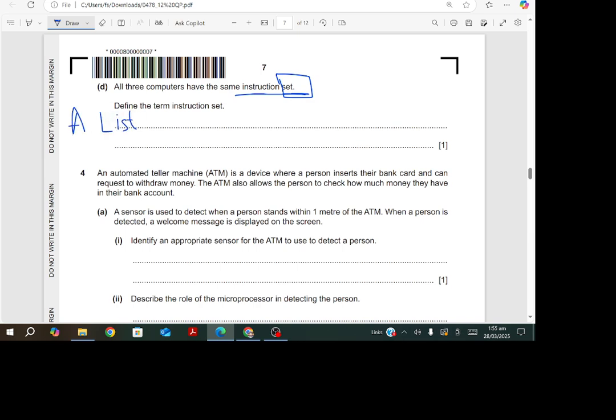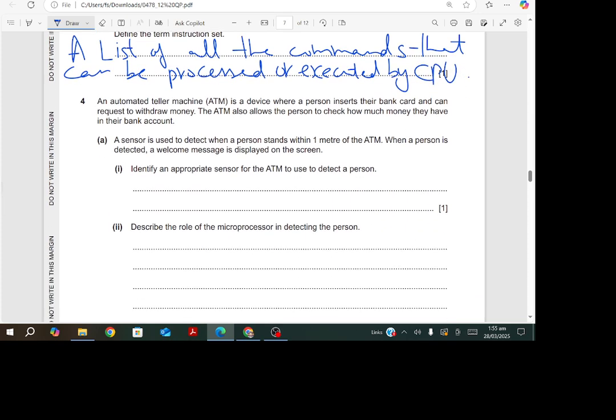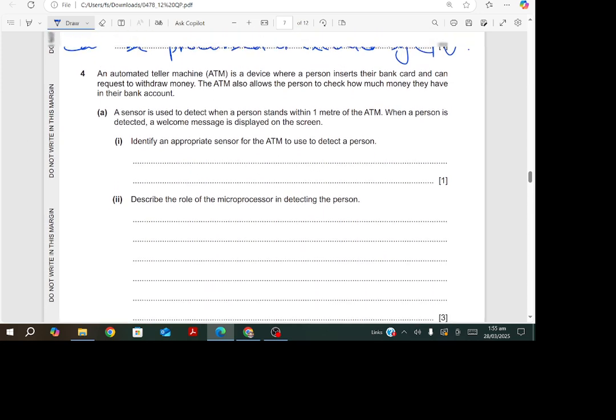A list of all the commands. Instead of set, I have used the term list. This is also the same in the marking key. A list of all the commands that can be processed or executed by the CPU.